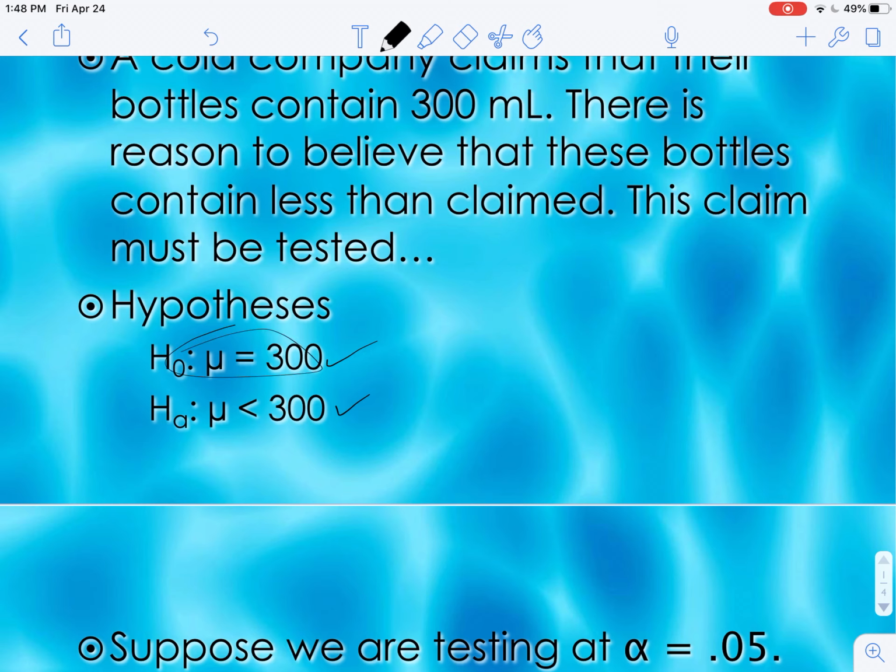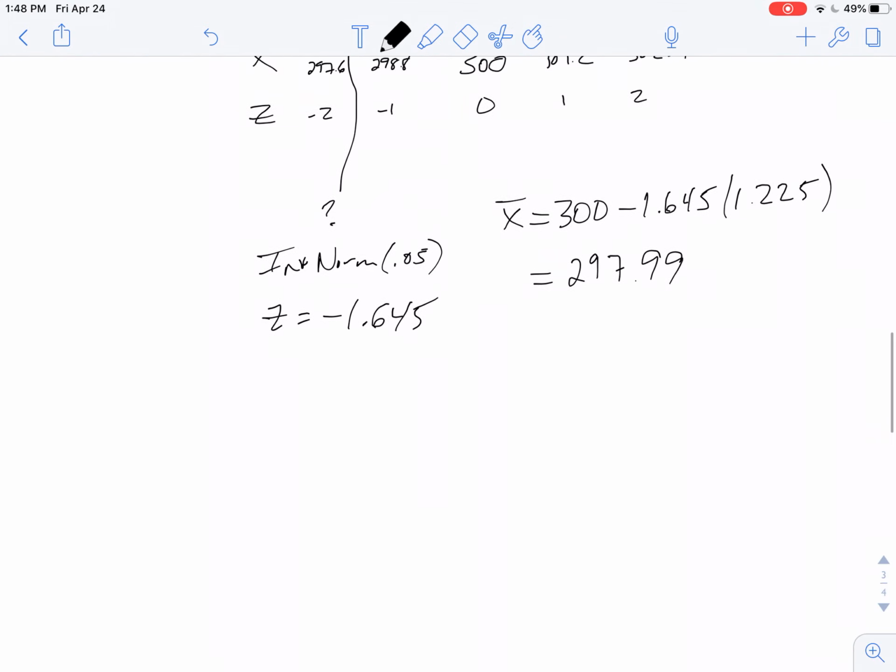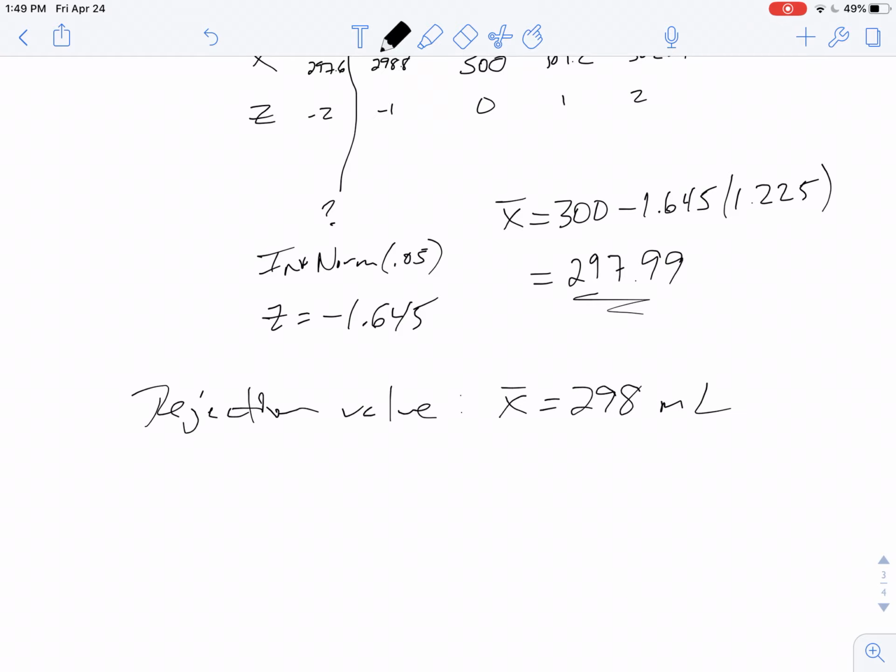For anything higher than 297.99, I'm going to fail to reject the null. Okay, so just for simplicity, I'm just going to round this up to 298. So my rejection value is going to be at x bar equals 298 milliliters.